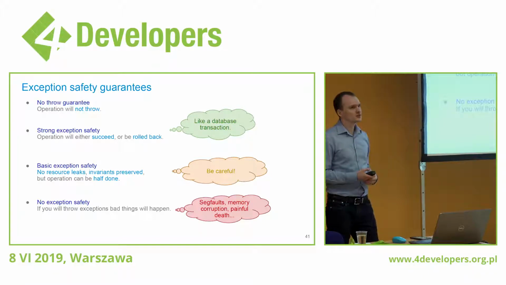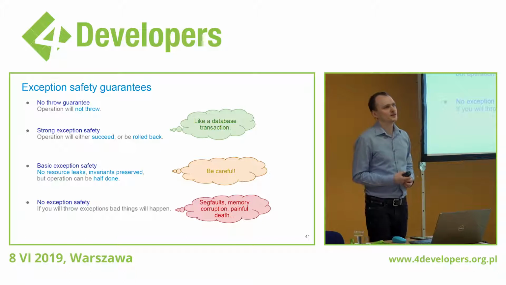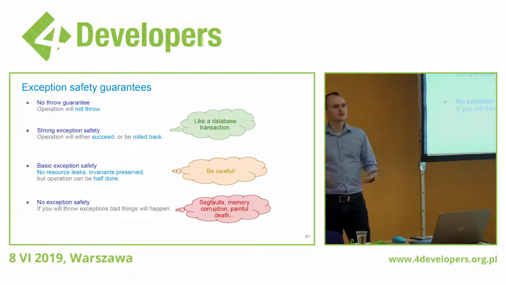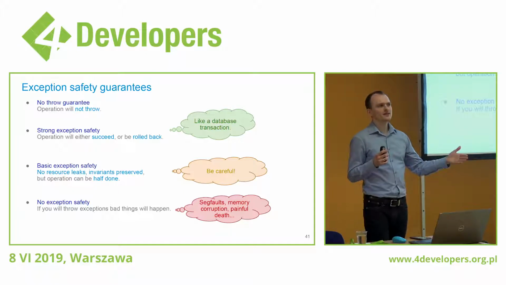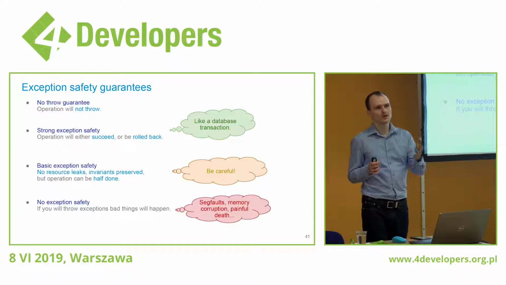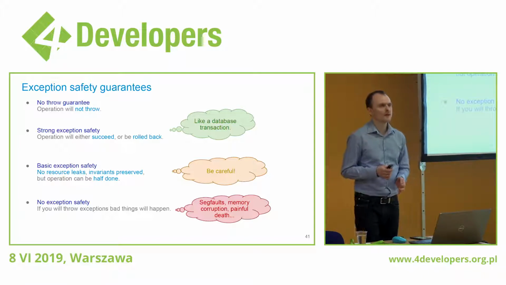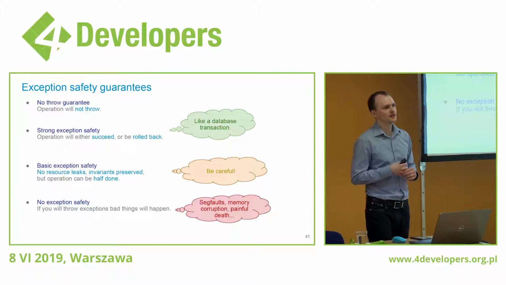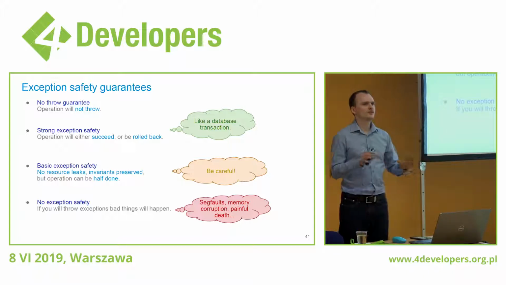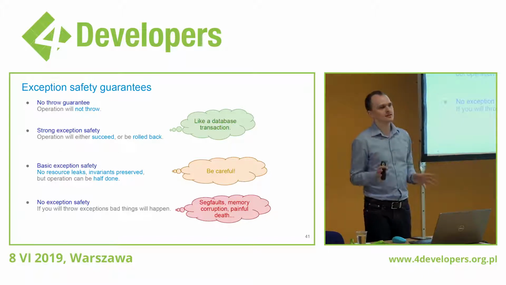There's basic exception safety. It means that when an exception happens, the function might have already done some work. It might have been stopped in the middle of its work, but it didn't break anything. All the invariants are satisfied, so everything works, everything is in a good, consistent state.